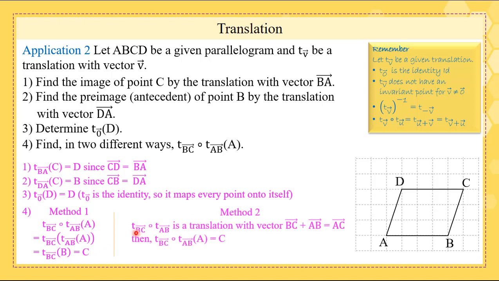In fact, the translation by the vector BC round the translation by the vector AB is a translation with vector BC plus AB vector according to the last remark, which is equal to AC vector. Then the translation by BC vector round the translation by AB vector of the point A is equal to the point C.